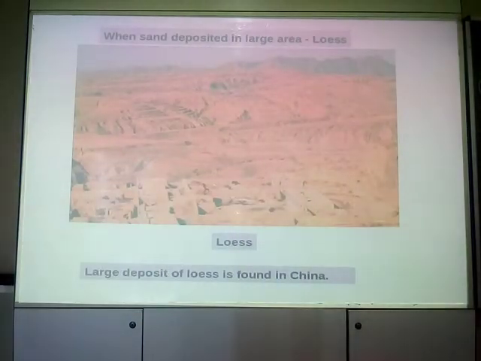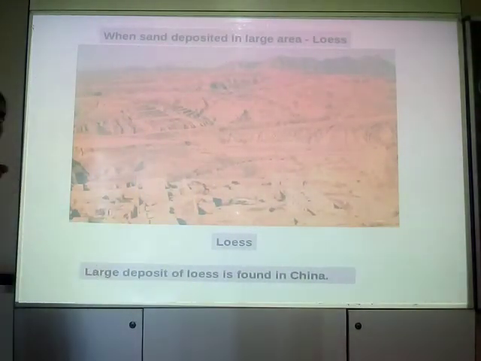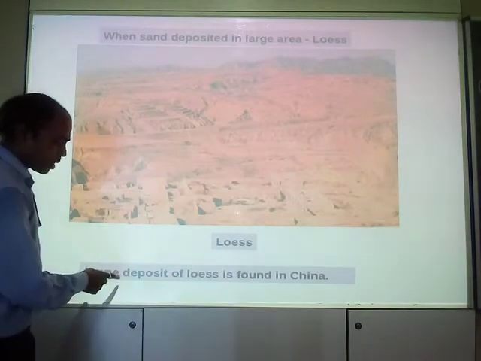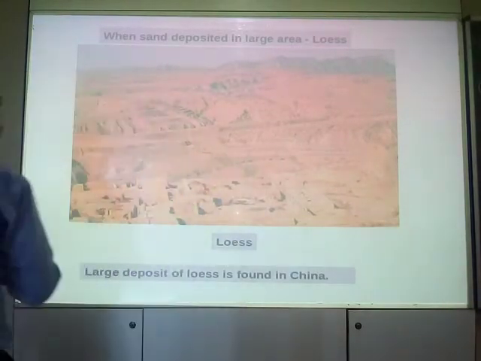In China. You might have read about this in your earlier class, or maybe in GK. So you must remember that a large deposit of loess is found in China. Okay?